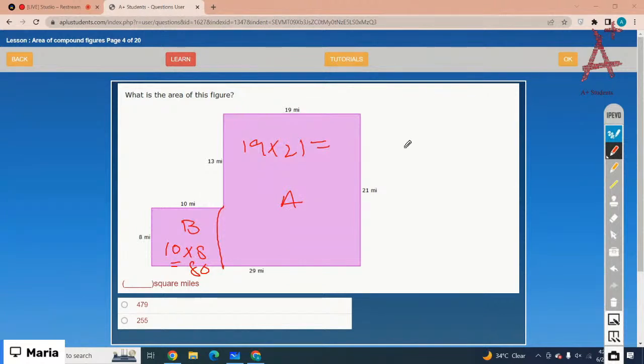Got it? Just add both the areas. So 399 plus 80 is 479. That means the area of the shape is 479. Got it? So the correct option is 479.